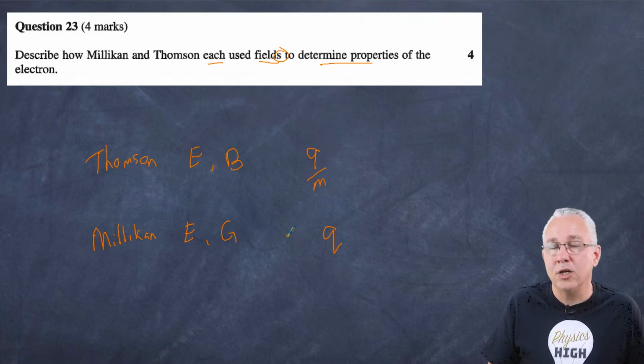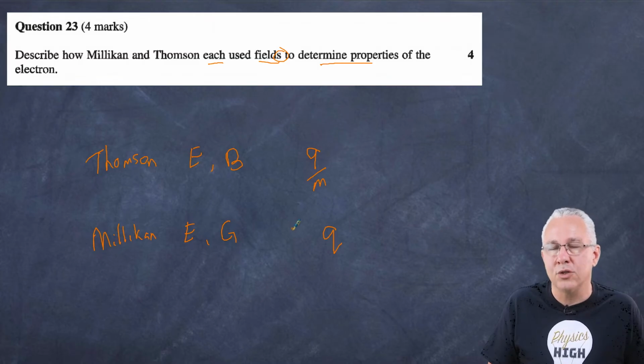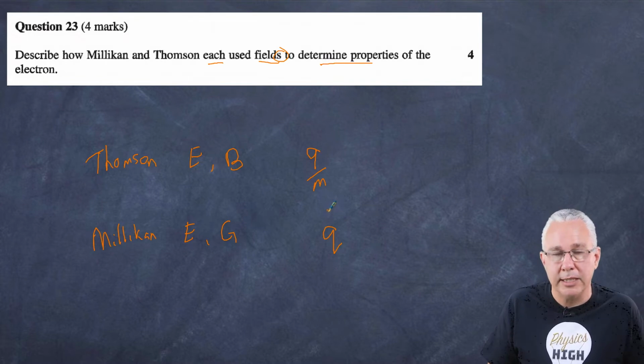And since they're dropping at a constant velocity, and through calculations of the density of the oils, he was able to establish the charge on each of the droplets, and they were all multiples of a particular discrete value, which we now know as the charge of an electron, which is 1.6 by 10 to the negative 19 coulomb.